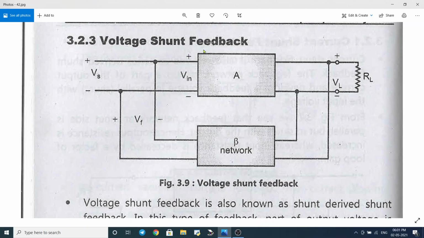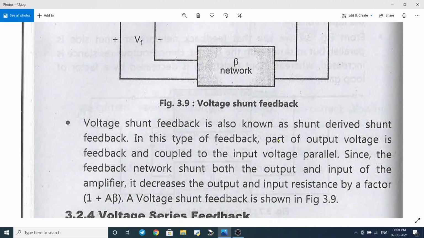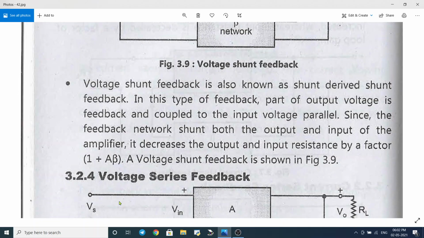Voltage shunt feedback will decrease both input and output impedance, because in parallel combination there is a decrease. It decreases the output and input impedance by a factor 1 plus A beta.